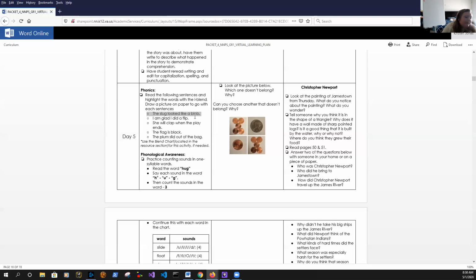Right here, I see blob, blob. So that would be an L blend. So after you have underlined or highlighted or colored in the words with an L blend, then you will draw a picture next to each sentence, and the picture should go with the sentence.